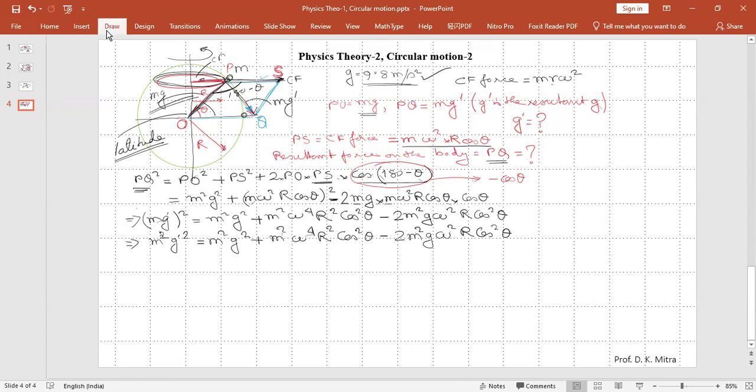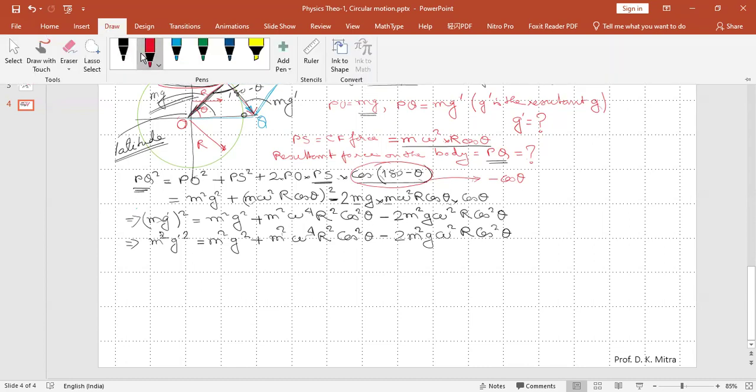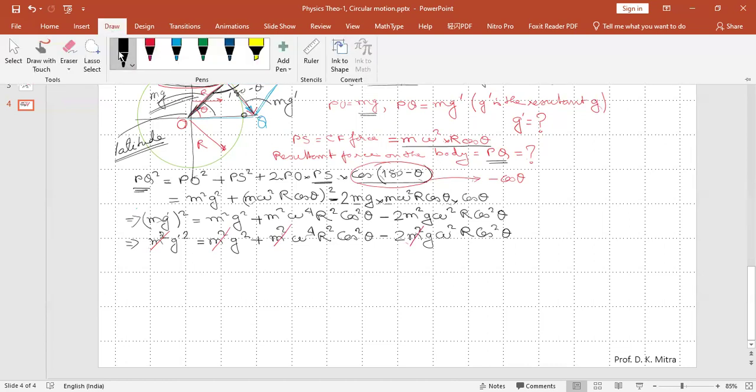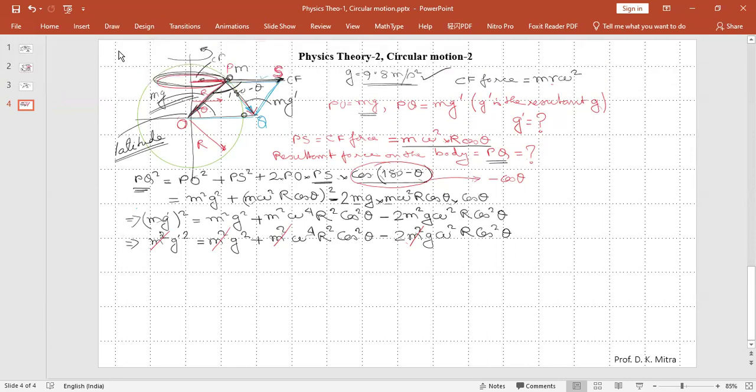Now from all this, m square gets cancelled, which is evident because this value of g or g dash does not depend upon the mass of the body. It is independent of the mass of the body.